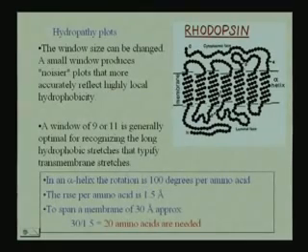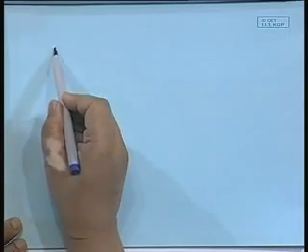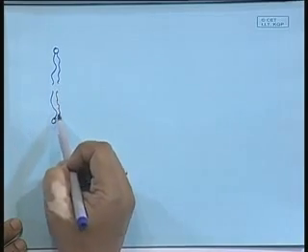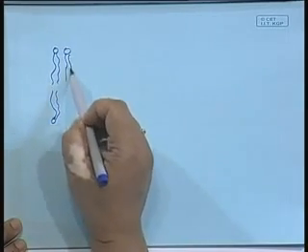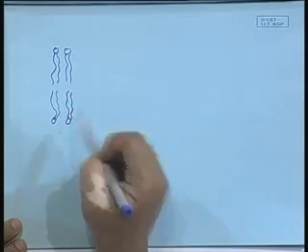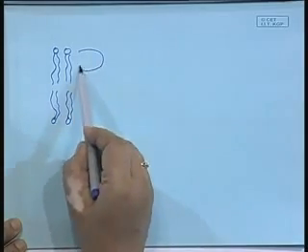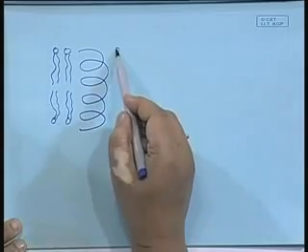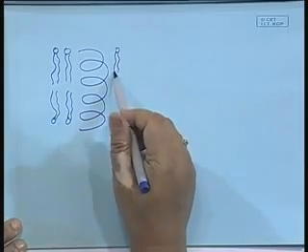So, when I am spanning the membrane with a helix, what is the nature of the residues in this helix?